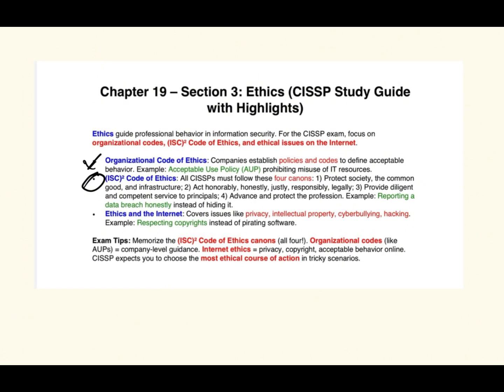Right. So you need to act honorably and honestly. Even if someone is not monitoring you, someone is not watching you, you still need to make sure that you are an honest or credible person. Third, provide diligent and competent service to principals. Be professional, skilled, and accurate with your work.